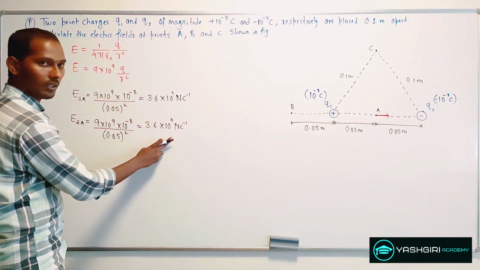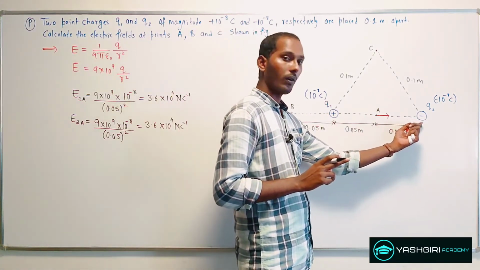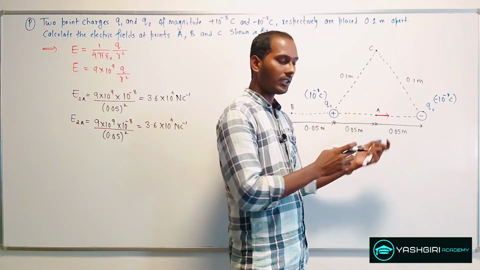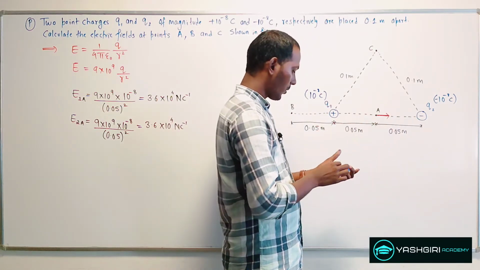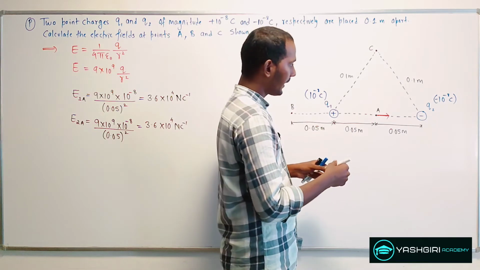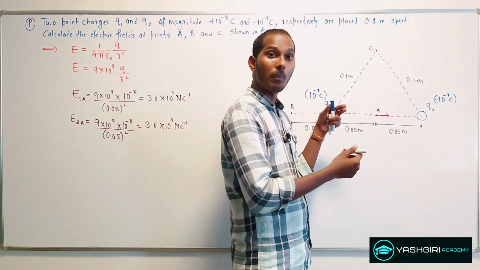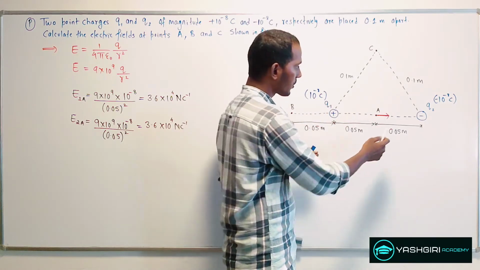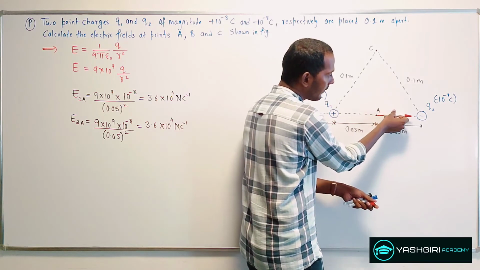Alright. Now here if you see the direction of the electric field for this negative charge. So this is my negative charge. For a negative charge, what we know is that the electric field lines will be pointing inwards.